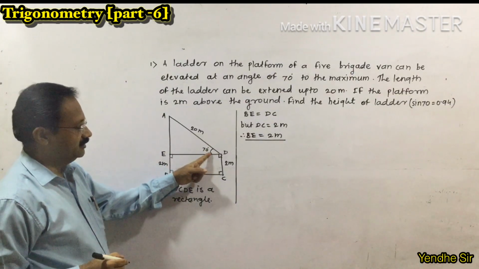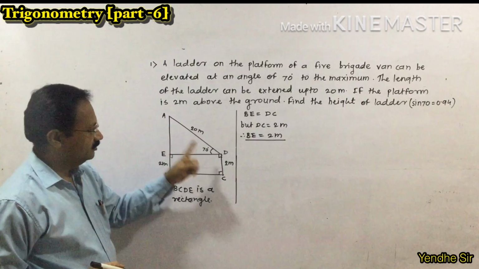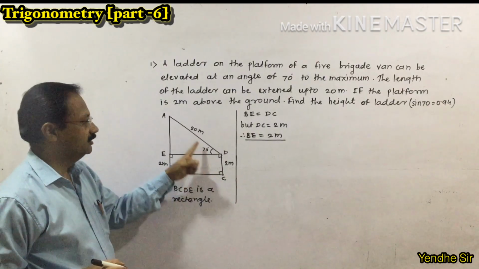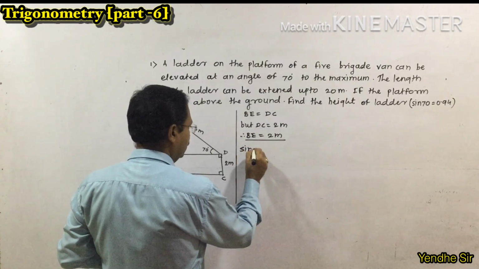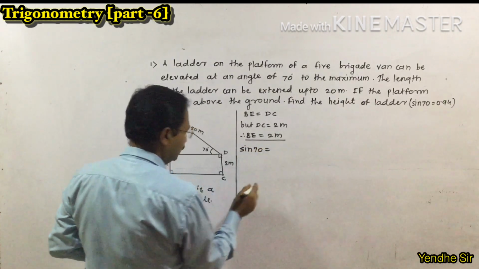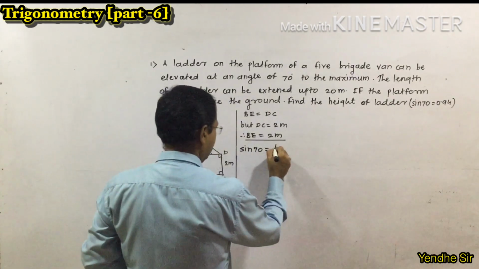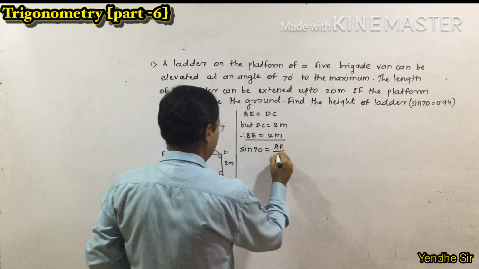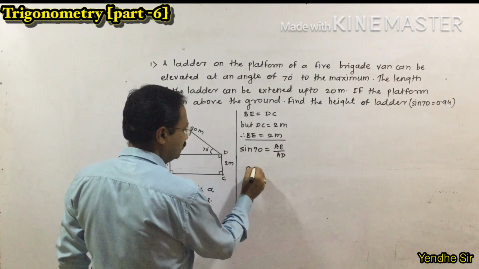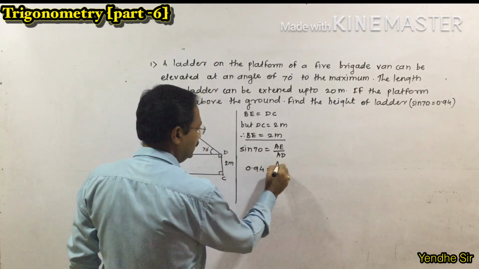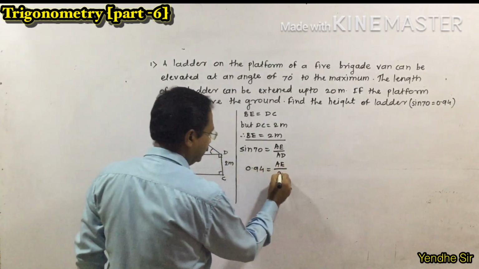Now this is given, sine 70 is given on that side. So you have to use sine only because the hypotenuse is given. So I am going to use sine 70 equals, sine means what? Opposite upon hypotenuse. So AE upon AD. So the sine 70 value is given, 0.94. AE I want to find out, and AD is already given, 20.